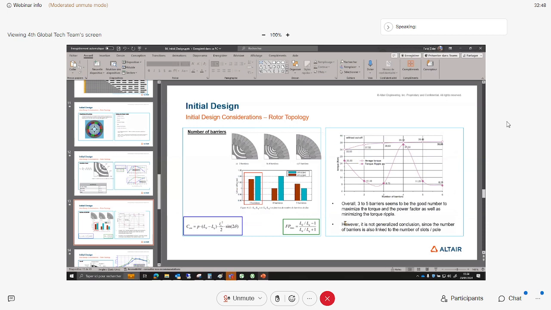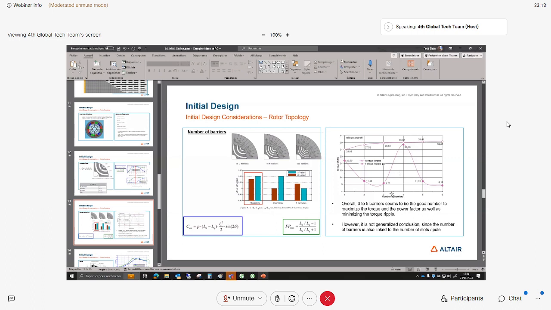Number of barriers. This is something we have to consider from the beginning as well. The number of barriers, as you can see here, has an impact on the average torque and the torque ripple. Here you can see the average torque value.